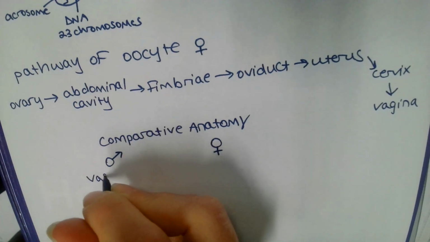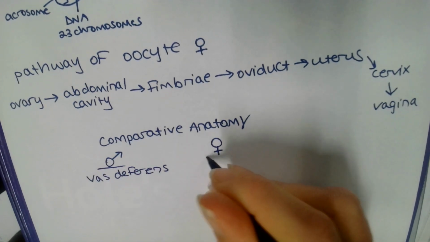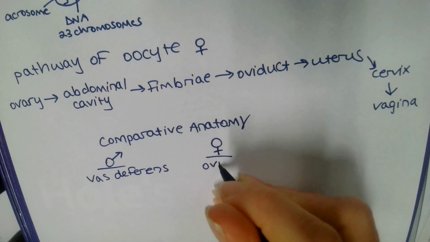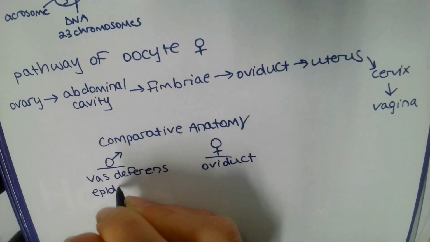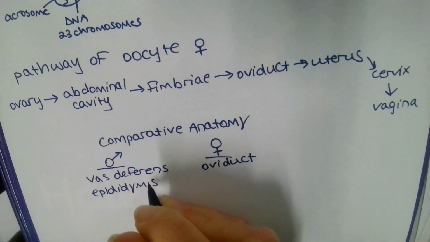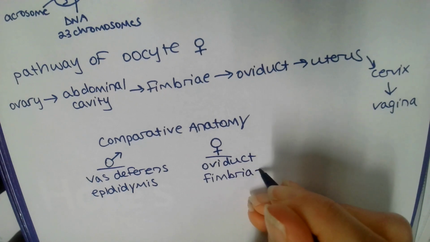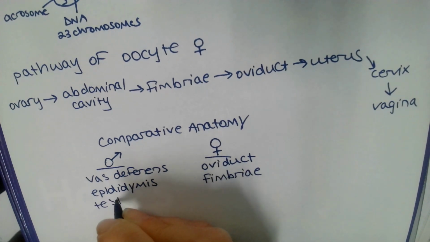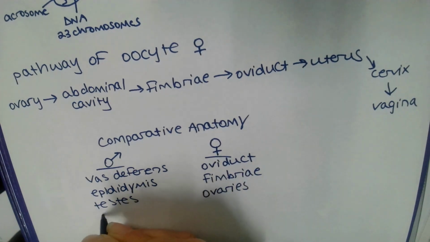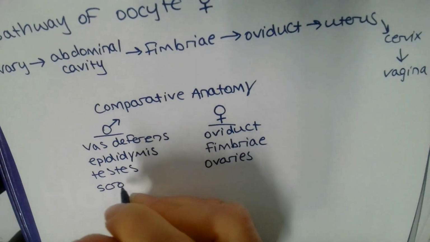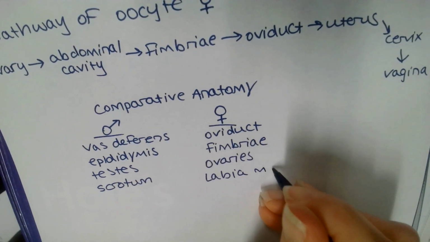The vas deferens. What would the vas deferens be? The oviduct, good. What would the epididymis be? The epididymis was the fimbriae. Okay, what were the testes? They were ovaries, good. What was the scrotum? Labia majora, good.